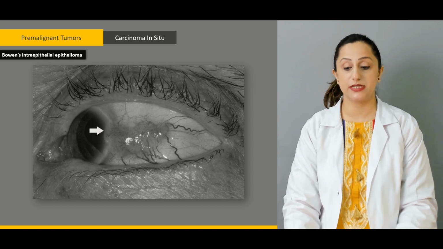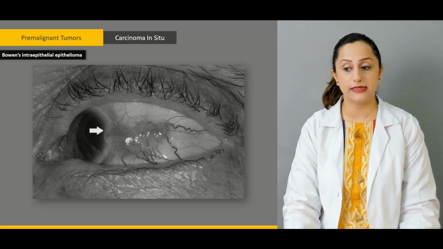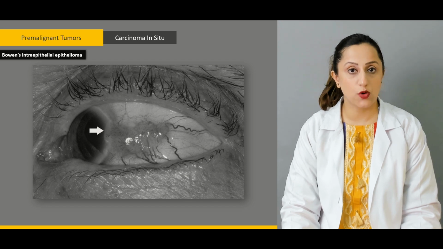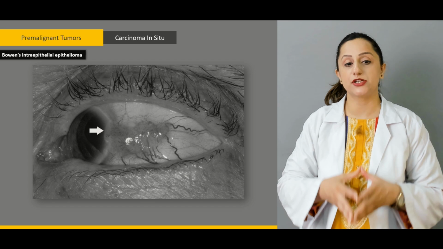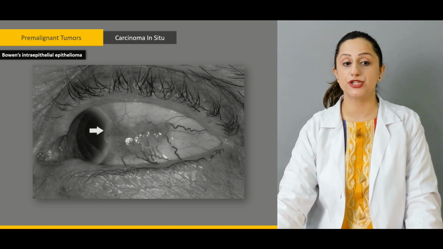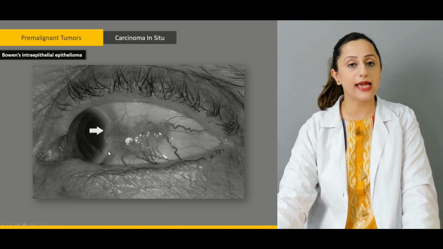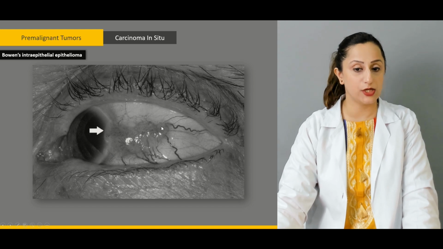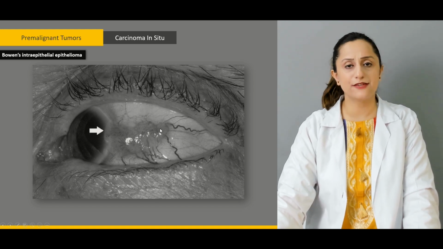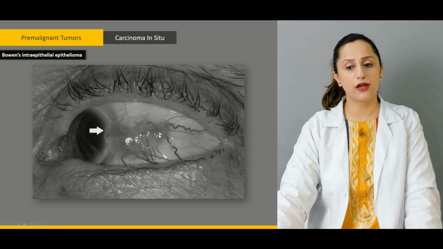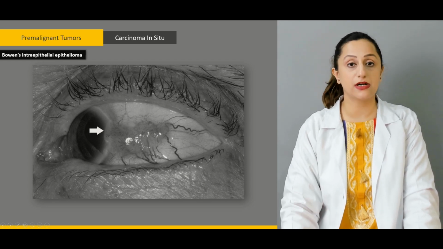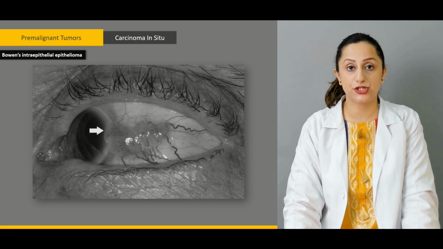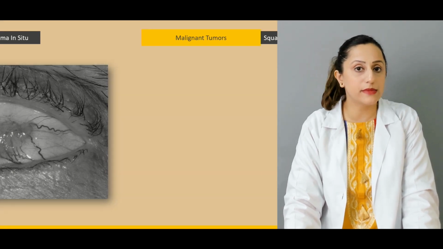The particular differentiating features are the main features over here. As you can appreciate over here, this is one of the kinds of intraepithelial epitheliomas. Again, traumas, infections, and a lot of allergic conditions make the person more prone to the development of these precancerous conditions, quite common in the patient.